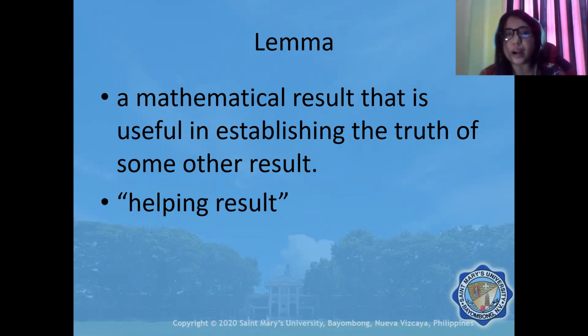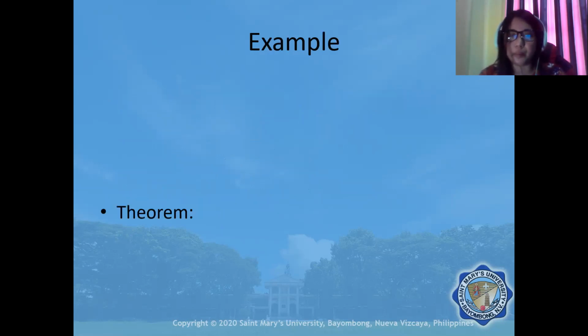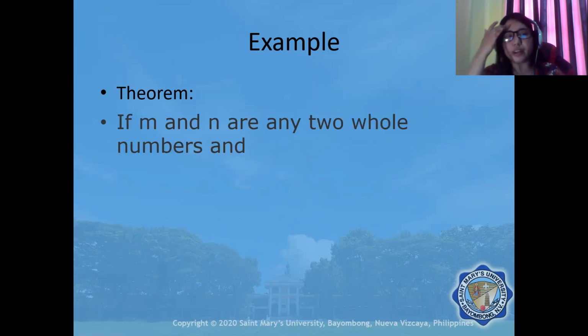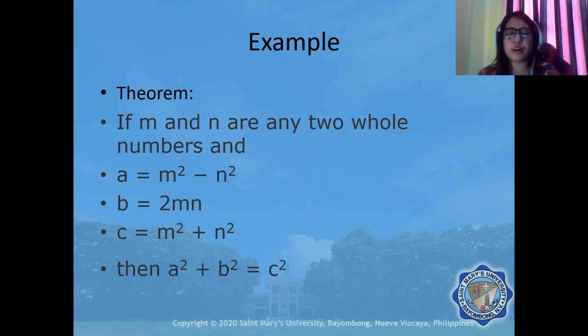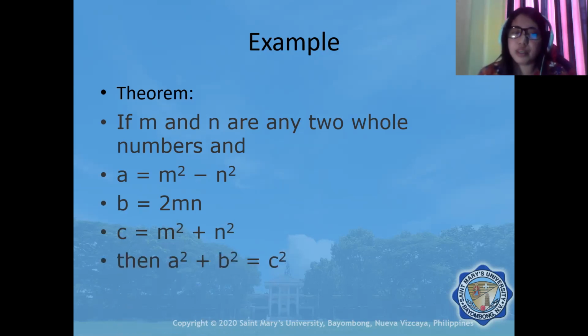Let us go back to our example on the Pythagorean theorem, and show an example of its proof. We have here the theorem that if m and n are any two whole numbers, and A is equal to m squared minus n squared, B is equal to 2mn, and C is equal to m squared plus n squared, then A squared plus B squared is equal to C squared.